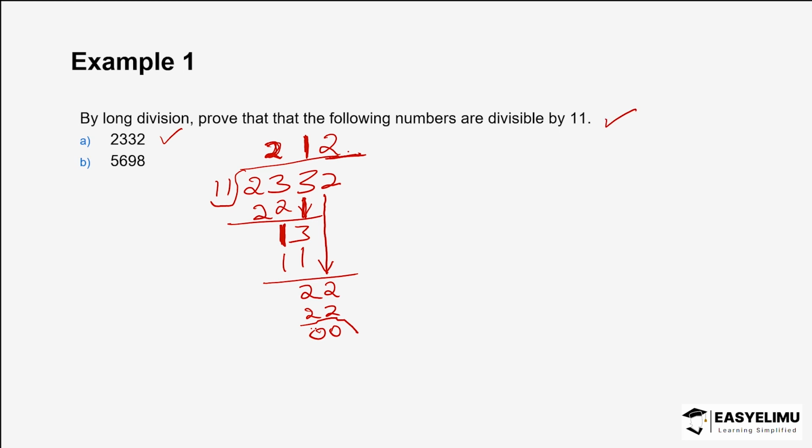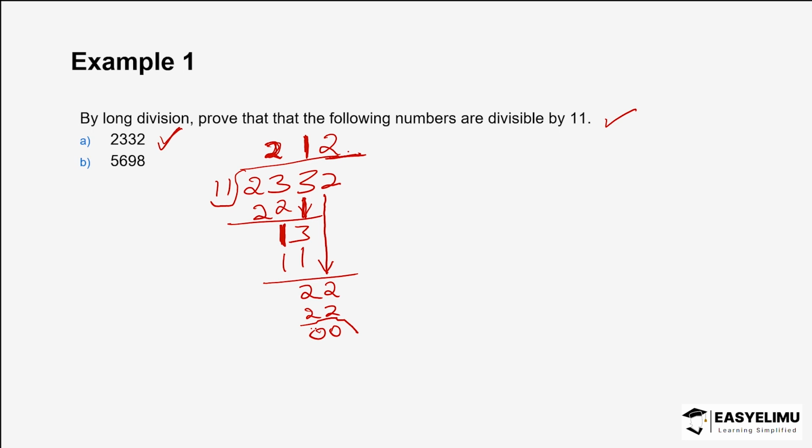So you see, by long division, we're able to prove that that number is divisible by 11 because 11 goes into 2332 an exact number of times without leaving any remainder. So the number is divisible by 11.